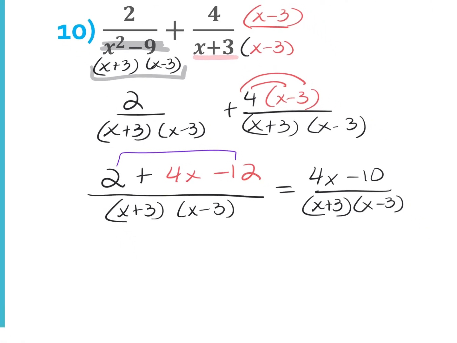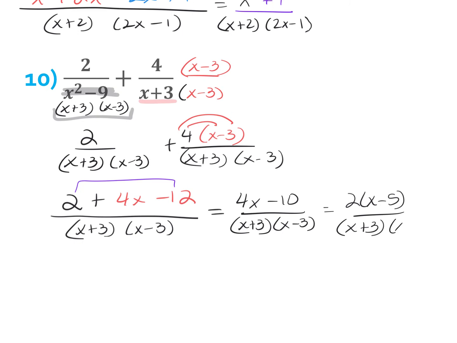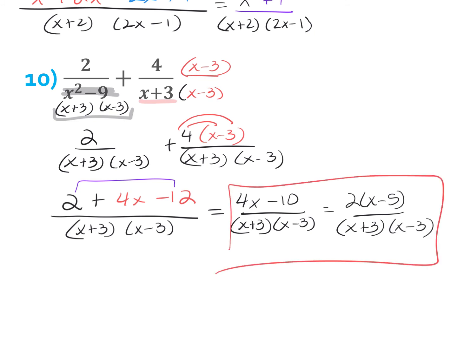Now, if I factor out a GCF here in my numerator, it doesn't help me to factor anything. So on the test, I would accept either answer. However, if after I factored out that 2, I would have gotten an x minus 3, then I would have simplified it. Everybody good there? So I would accept either answer here.